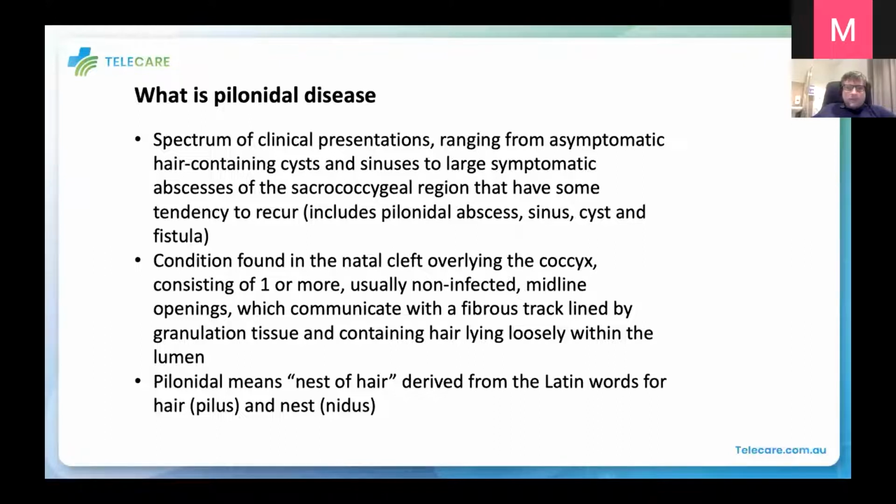The typical clinical picture is that you'll see pits overlying the sacrococcygeal region. These may or may not be infected, and they're typically in the midline. Then there'll be a fibrous tract lined by granulation tissue deep to that, and there'll be hair contained within the lumen of these tracts. This is where the name pilonidal comes from: it means a nest of hair.